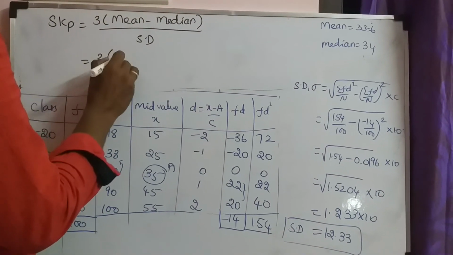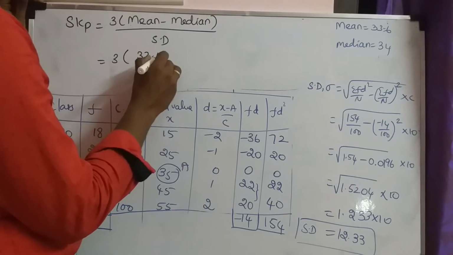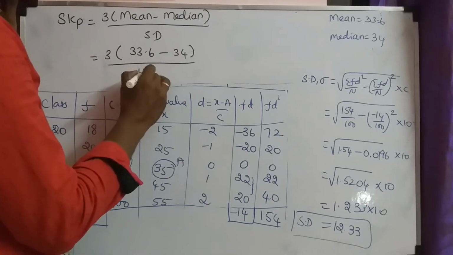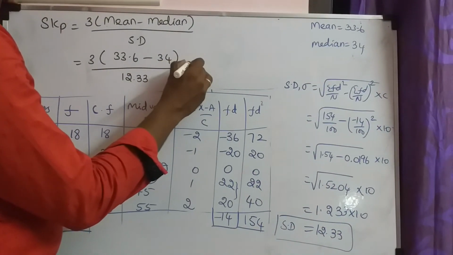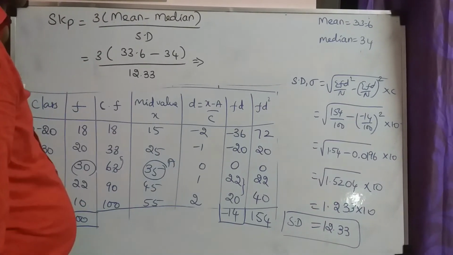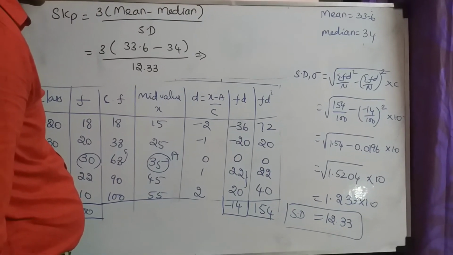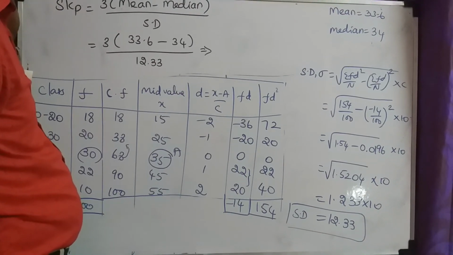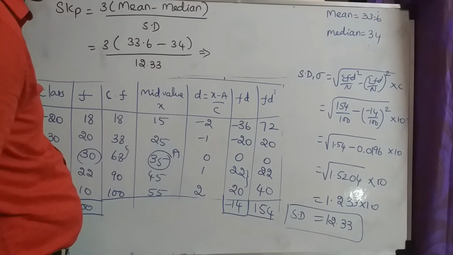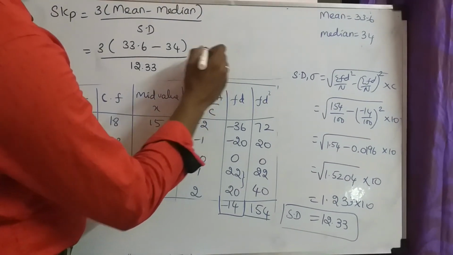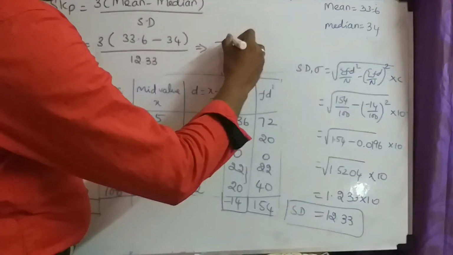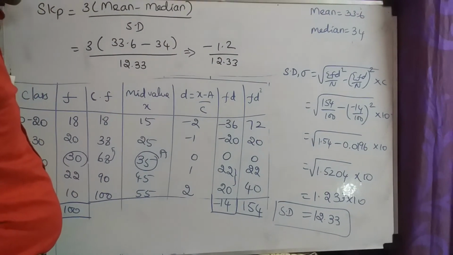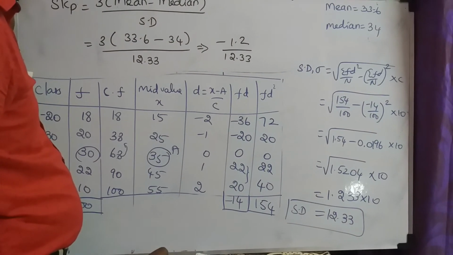The mean value is 33.6, minus the median 34, divided by the standard deviation 12.33. 33.6 minus 34 is minus 0.4, into 3 is minus 1.2, divided by 12.33.